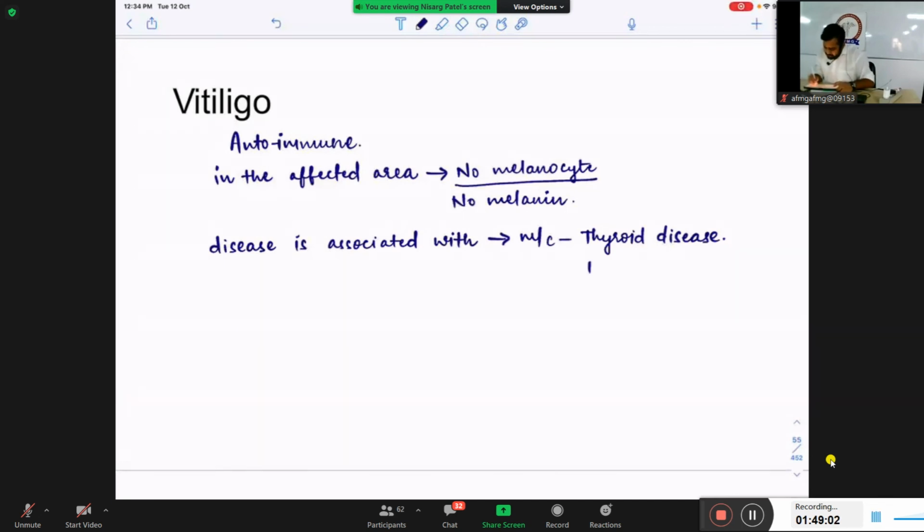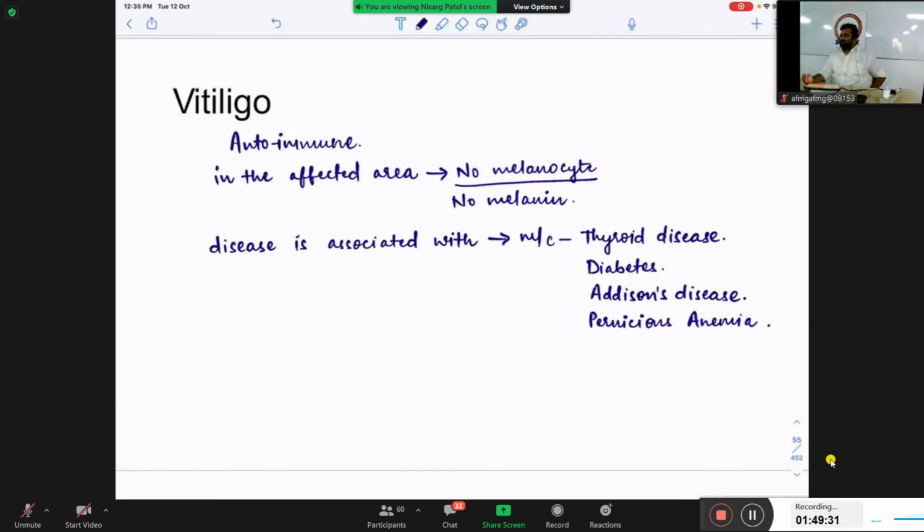It can be associated with diabetes, with Addison's disease, and with pernicious anemia.